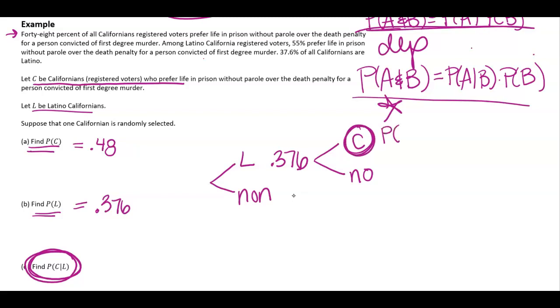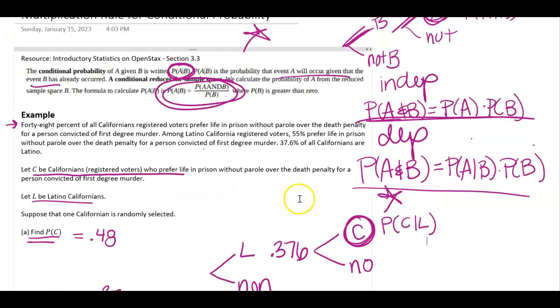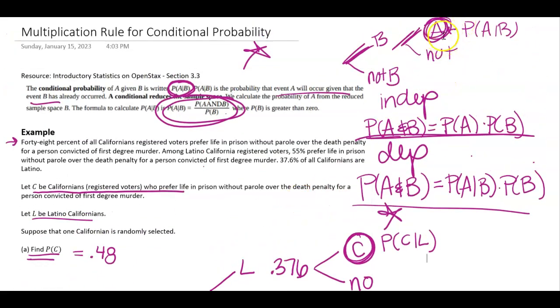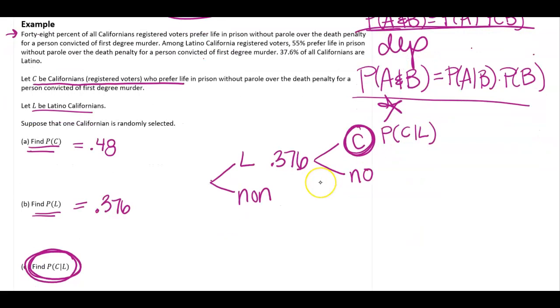That's the probability of C given L, right? If you look at our example up here, that is the probability that you went up the L branch and you ended here at the C spot. And so that is 0.55, like that was given to us in the problem.